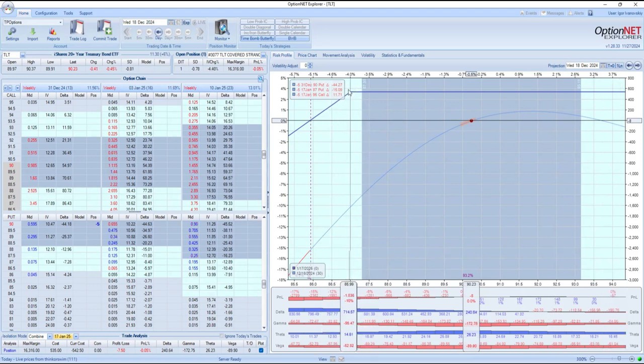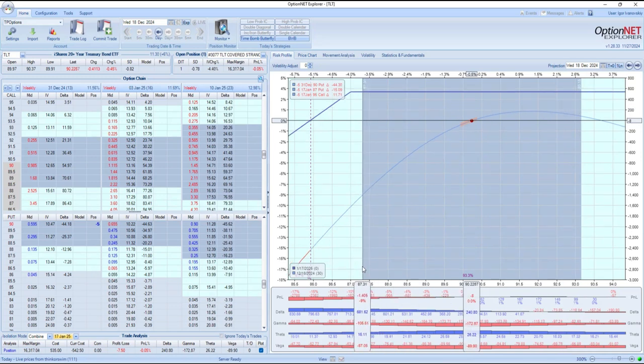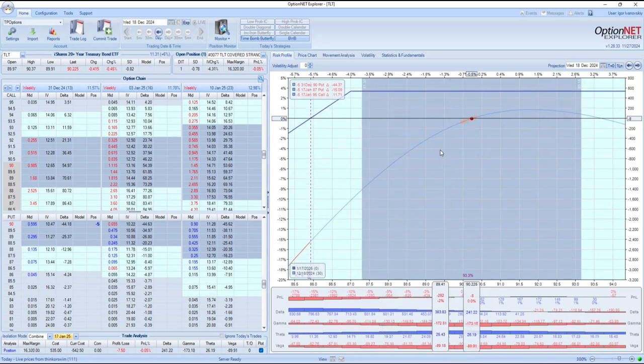That 87 put will most likely expire worthless if we're inside the expected move, what is currently expected by the third Friday of January. So I will have collected the premium from the short strangle, which will go to further offset my cost basis on my long stock position.